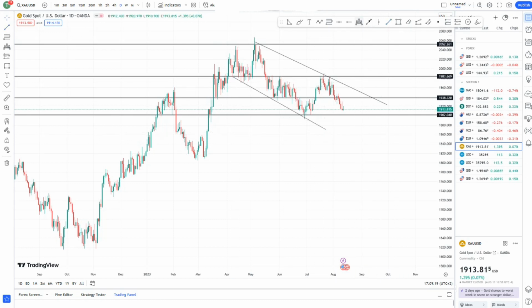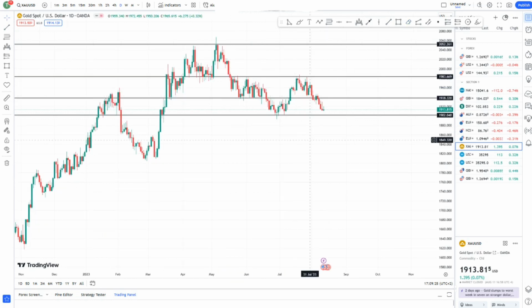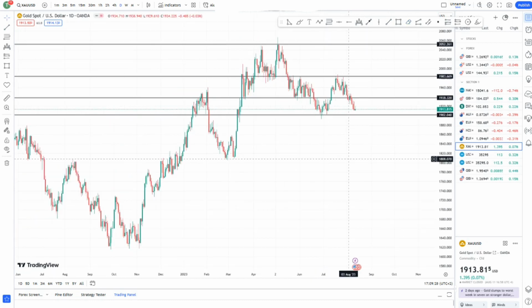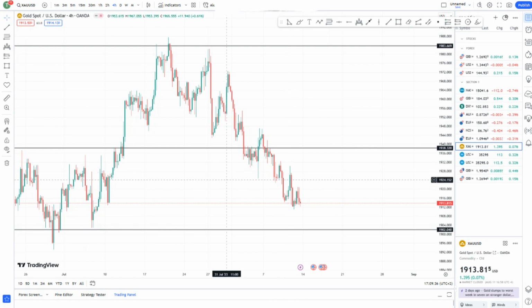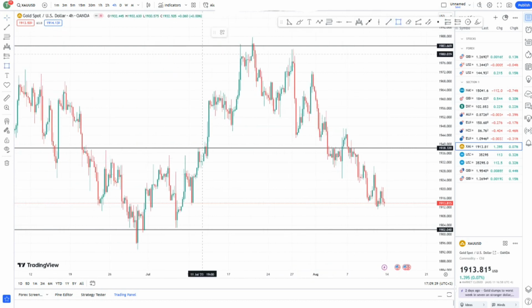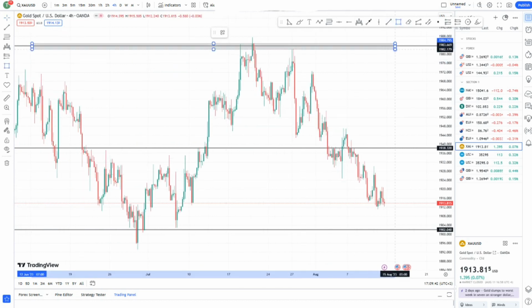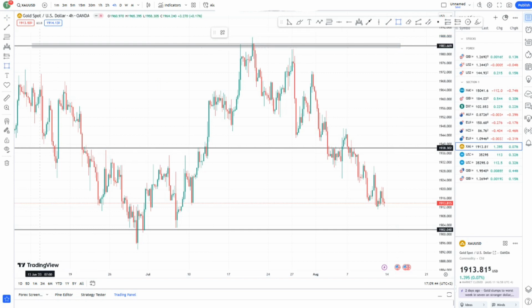But I don't think it's really necessary on gold because price is so far away from those trend lines. So I'm just going to go down to a lower time frame, the 4 hour time frame. Now, this is where I'm spotting a trend. But first things first, I'm going to zone out my key levels, make them into zones.